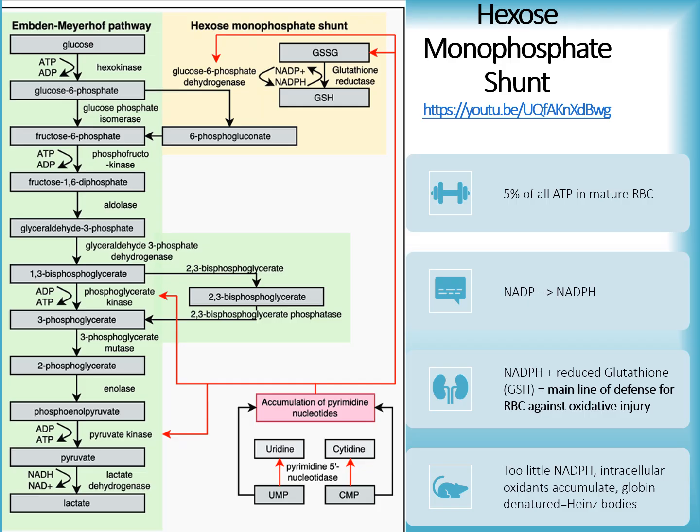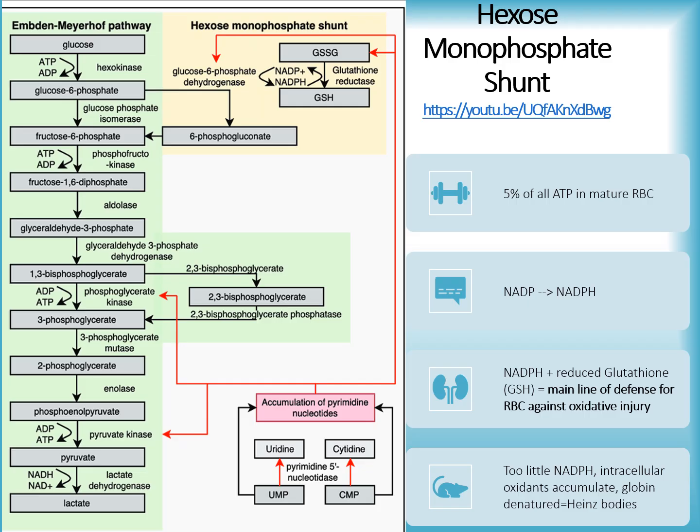The NADPH reduces glutathione, or GSH, and it's the main defense for red blood cells against oxidative damage. Remember when we were talking about methemoglobin? Well, this hexose monophosphate shunt protects our red blood cells from that oxidative process, keeping the iron within the hemoglobin in the ferrous state and not allowing oxidation to occur.